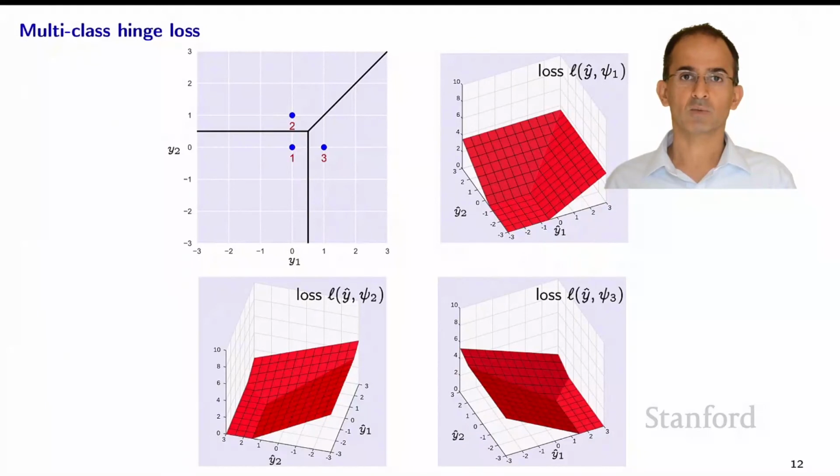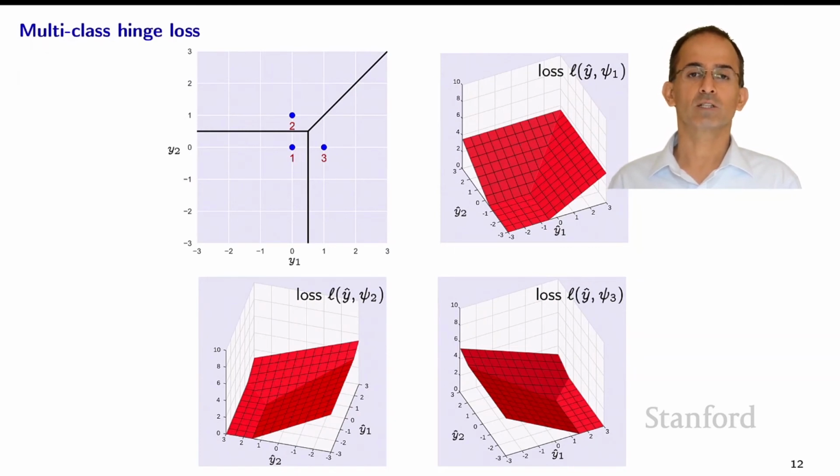Here are the corresponding surface plots for it in the case which we've been discussing so far. This is our example. We've got 3 psis, psi1, psi2, and psi3. And you can see you've got a loss function which is convex, which is piecewise linear, and which is 0 when you're deep within each of the 3 regions. So of course we've got 3 loss functions here.